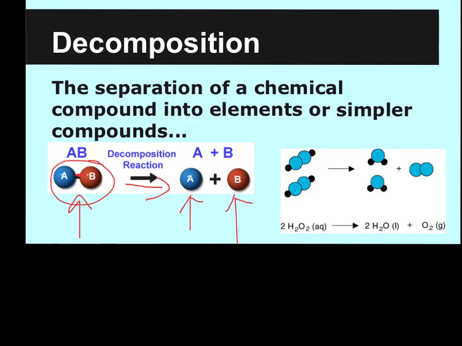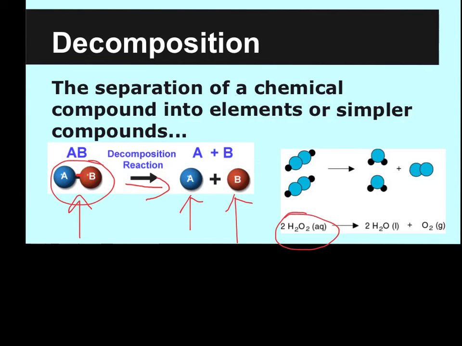So the example that I'm using here is H2O2, and this is the chemical formula for hydrogen peroxide. You often use it when you have a cut or something and you want to disinfect it, and you put it on it and it bubbles. If you've ever used that, or your mom's ever used that, you know what I'm talking about.